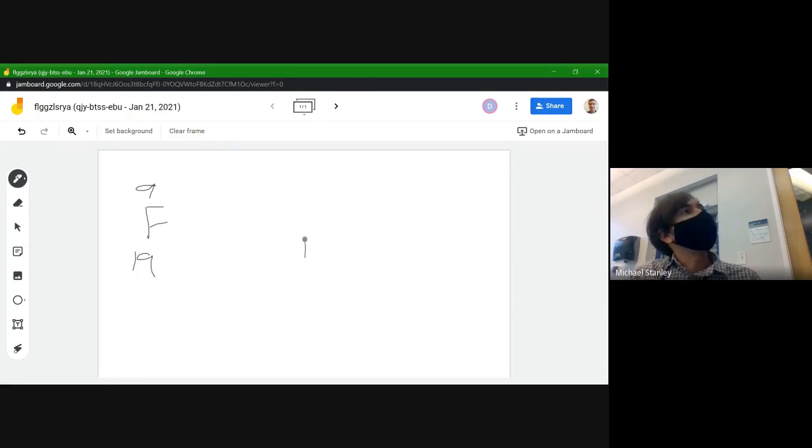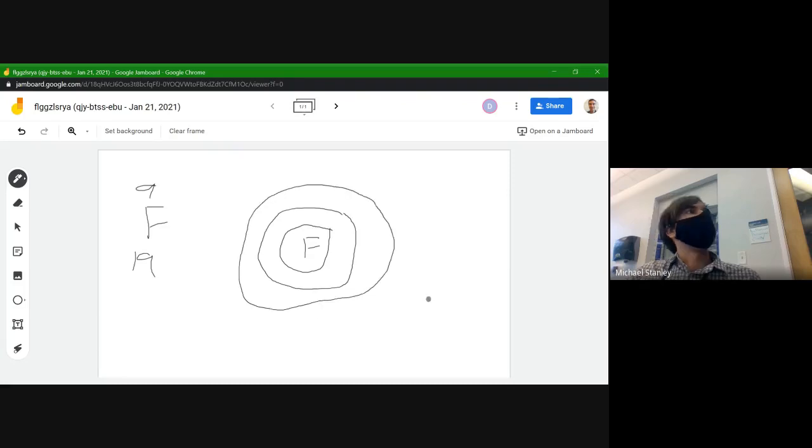We've got our little fluorine nucleus, and then this shell, and then this shell. Ooh, this is the best one, that almost looks like circles so far. All right, so the first thing that we're going to do is figure out how many electrons we have in an atom of fluorine.